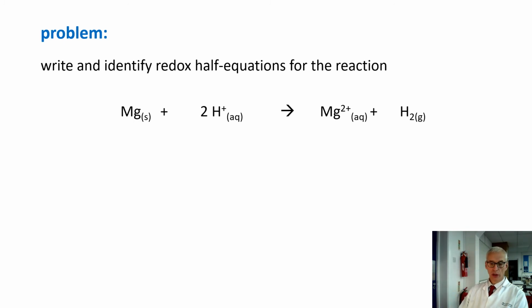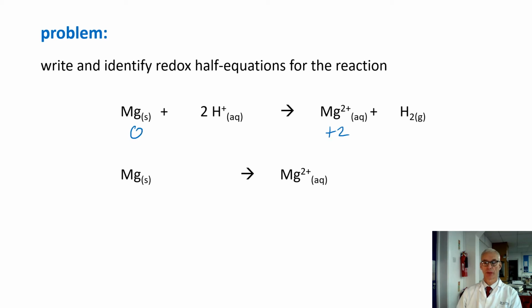Okay, so let's have a look. Magnesium turned into magnesium 2+. So don't forget, the oxidation number of an element is always 0, and this is obviously +2.